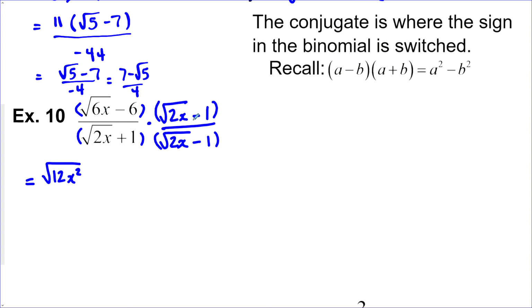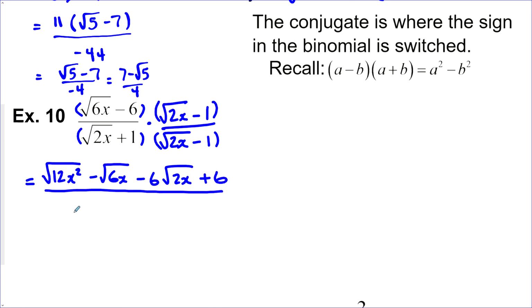Next one, minus root 6x minus 6 root 2x plus 6. In the denominator, we've got 2x, and then I'll skip this one. This one's minus and plus, so cancels, and then minus 1.